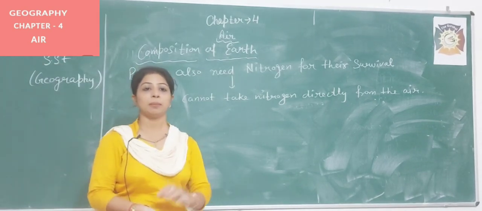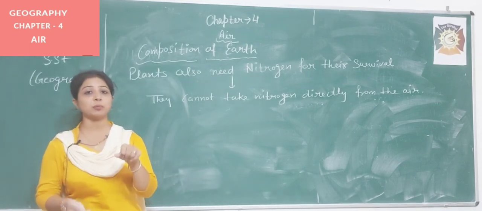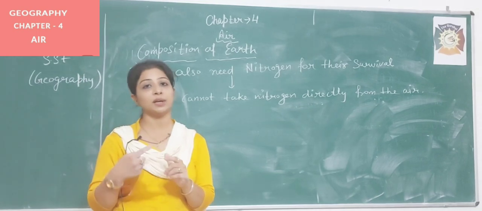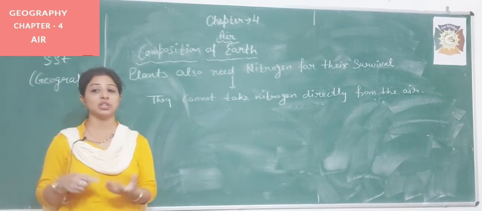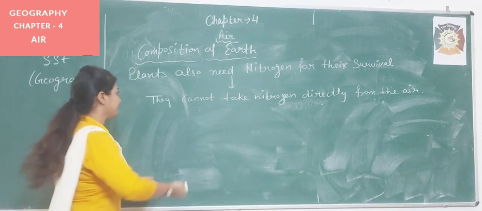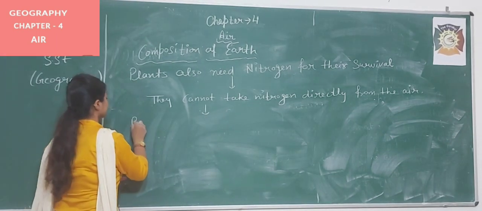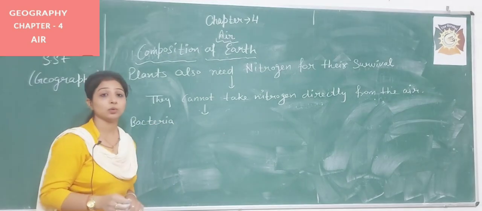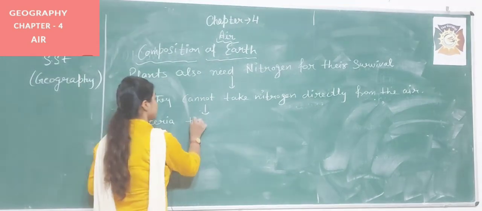Bacteria help them. Bacteria which are present in the soil and roots of some plants take nitrogen from the air and change its form so that plants can use it. I am writing here, who helps them? Bacteria. Which bacteria?